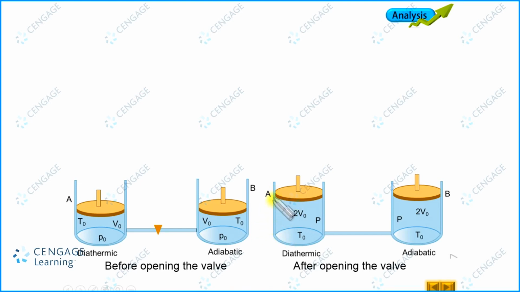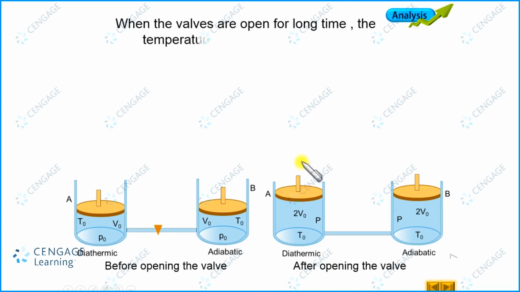And because this is diathermic, that means the temperature of the gas in the container will be the same as the surrounding. That means the final temperature of this container should be equal to T naught, which will be the same as the temperature of the surrounding. And because this container is connected by this tube, the final temperature of this should also be T naught. That means the final temperature will remain T naught throughout, we can say, right? And also both are interconnected.